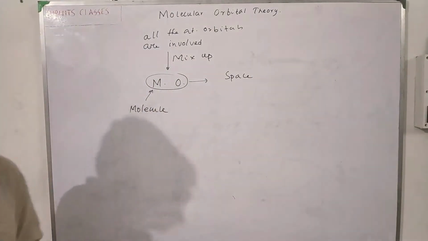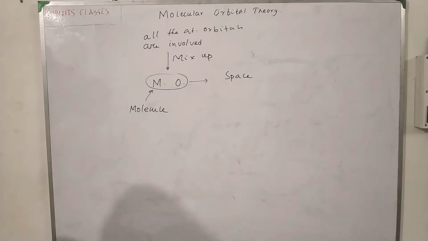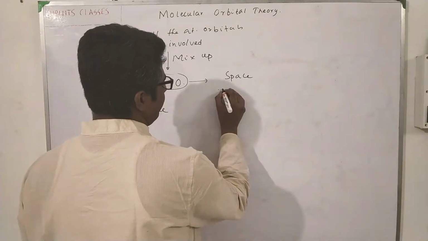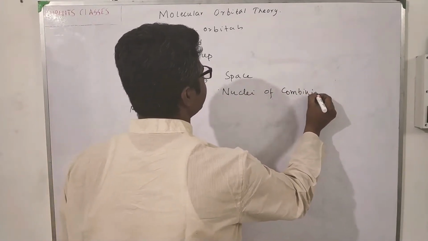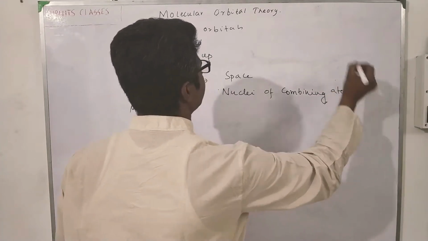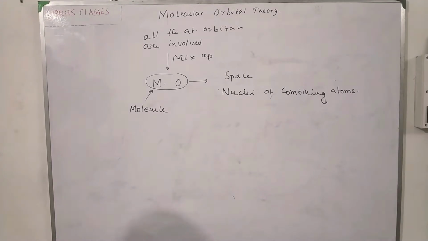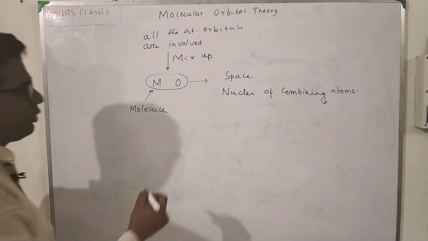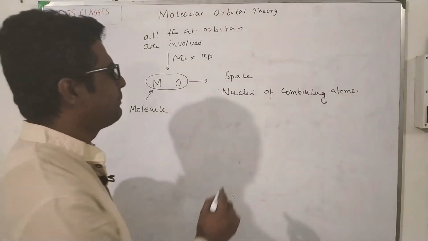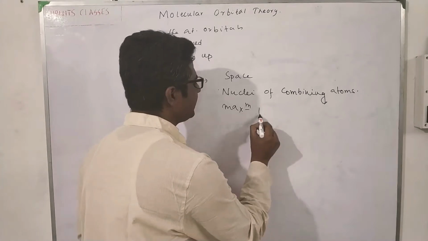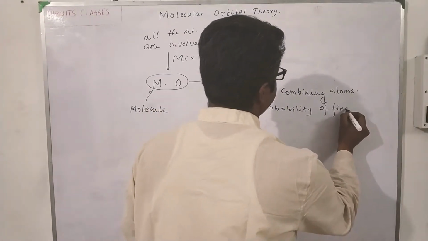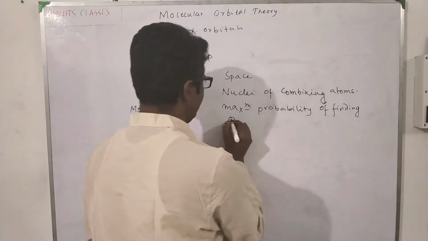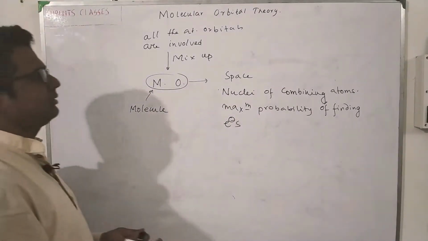First of all, it is a space comprising of nuclei of combining atoms, around which there is maximum probability of finding electrons. Write it down. So space is a very important part.